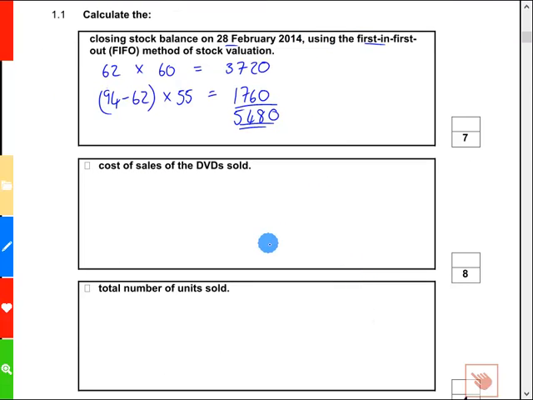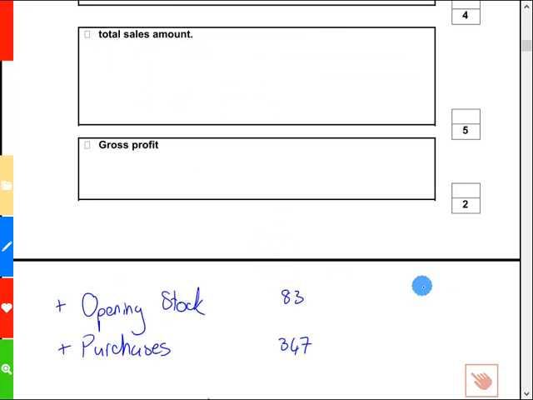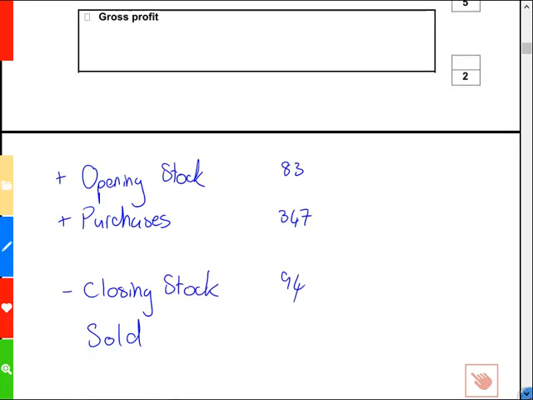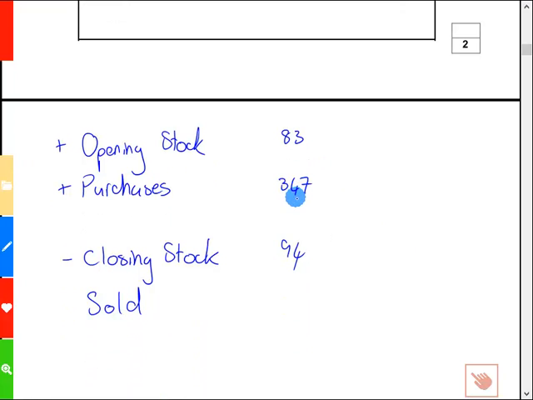Okay, so we know we had opening stock of 83 units. We purchased 347 units. We know our closing stock was 94 units. But we know there was also damaged inventory that we never recorded.